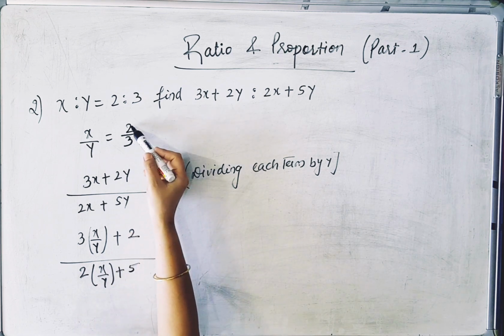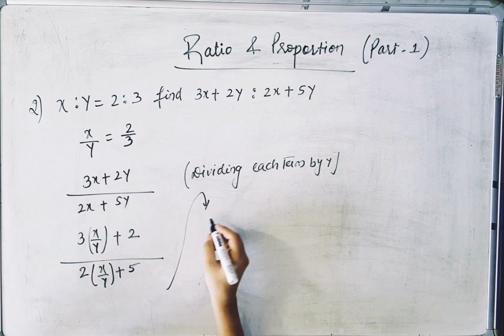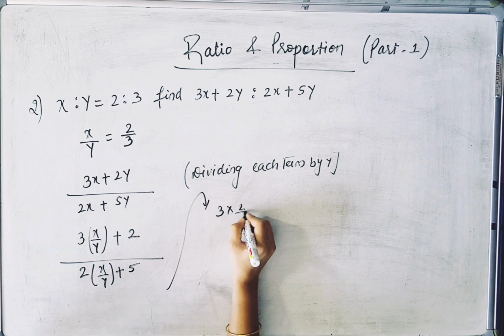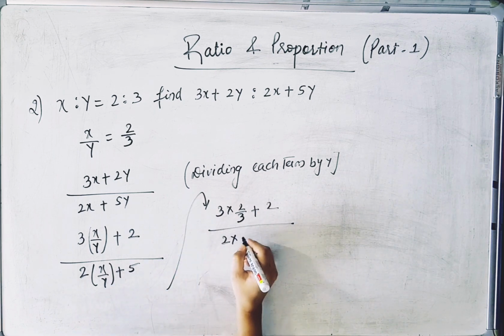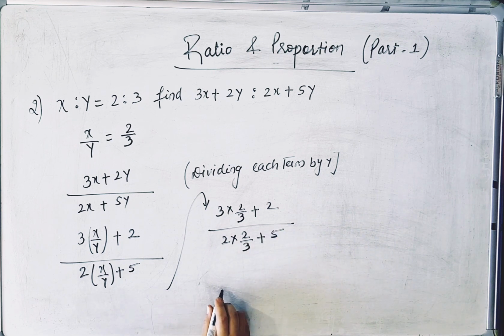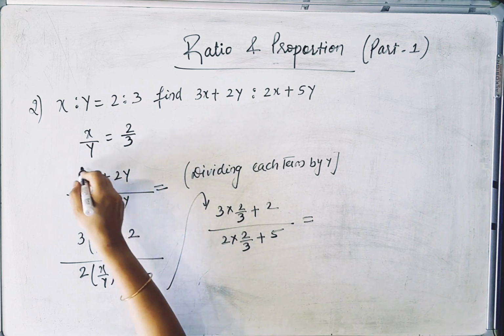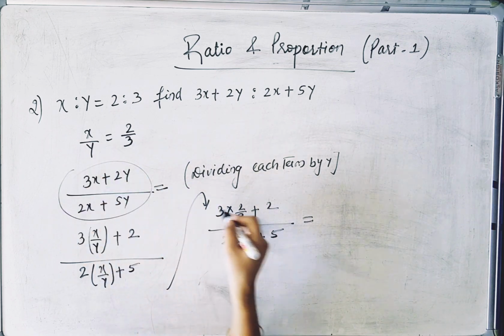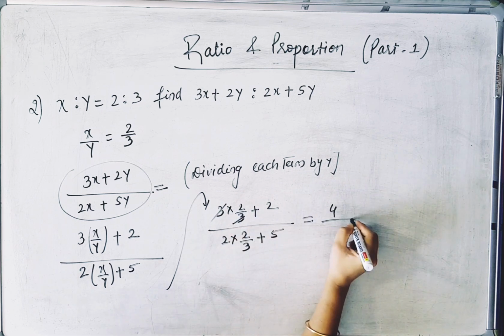Now we know x by y is 2 by 3. So we'll write it here: 3 into 2 by 3 plus 2, upon 2 into 2 by 3 plus 5. So this is how we have come to the conclusion that this ratio equals: 3 got cancelled, 2 plus 2, 4.